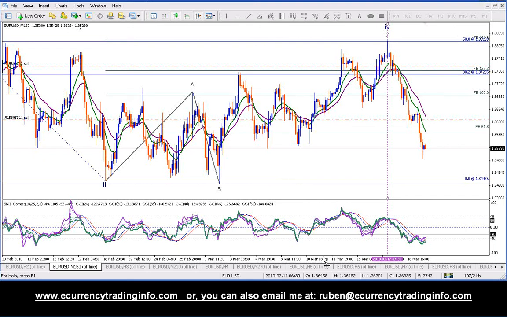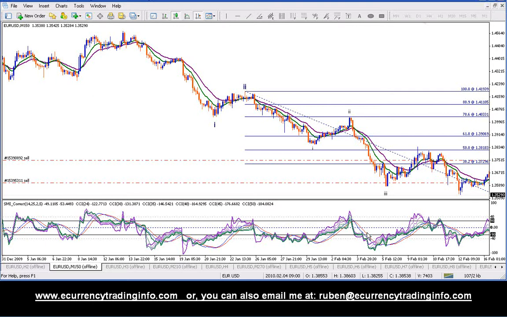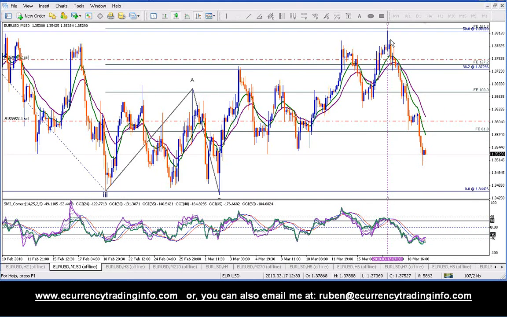What really is important, we can look and see that it looks very corrective compared to this, and we can also look and see that once this wave had begun, it has a very impulsive look to it. So let's focus on just this leg, so we can see the details that this wave has.